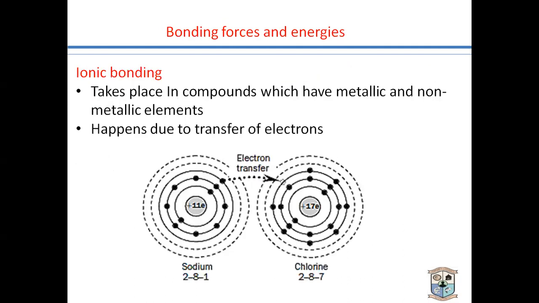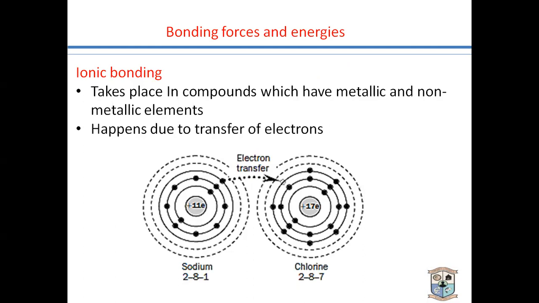An example of ionic bonding. This one takes place in compounds which have metallic and non-metallic elements. So it's always found in compounds that are composed of both metallic and non-metallic elements, and these are elements that are situated at the horizontal extremities of the periodic table, from one extreme end to the other.